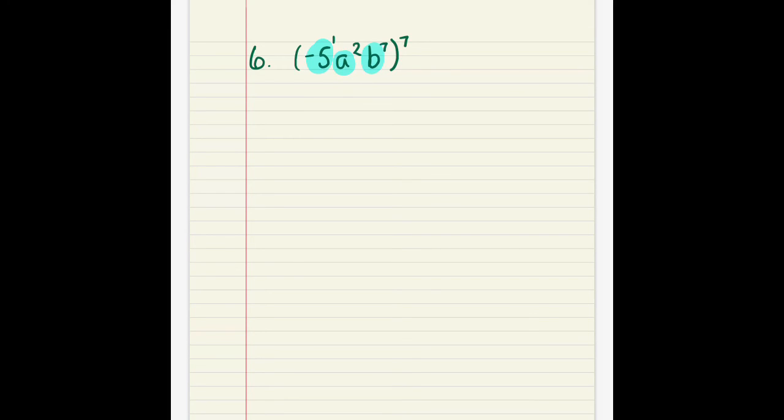So we are going to multiply that exponent by our exponent on the outside. So our exponent on the outside is 7. We're going to take that and multiply it by 1, by 2, and by 7. So our bases are -5.